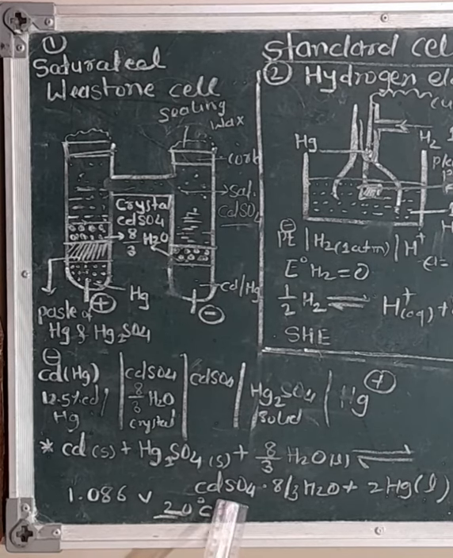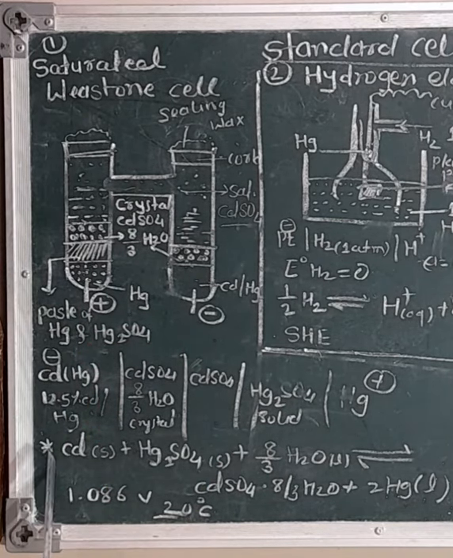It gives cadmium sulfate 8/3 water and mercury in this form. So friends, this Weston cell has a potential which varies with temperature, and the saturated Weston cell possesses about 1.0183 volt at 20 degrees centigrade, and the unsaturated Weston standard cell possesses 1.086 volt at 20 degrees centigrade. The potential of this cell varies, and therefore it is the secondary Weston cell or secondary standard cell, isn't it?